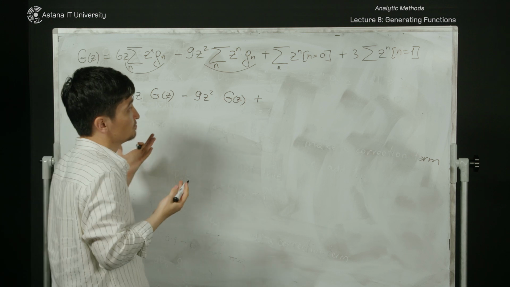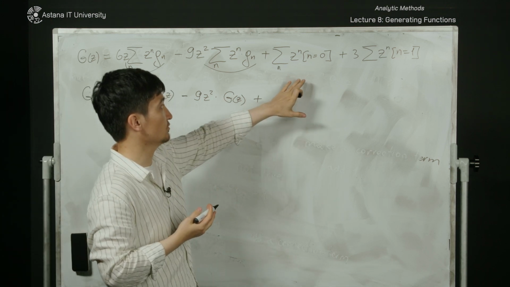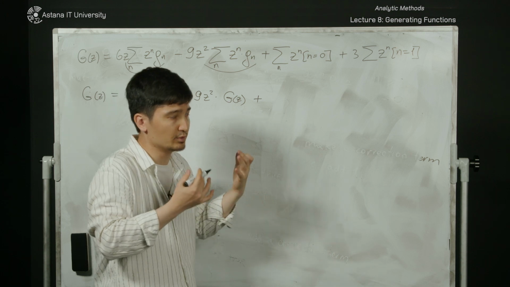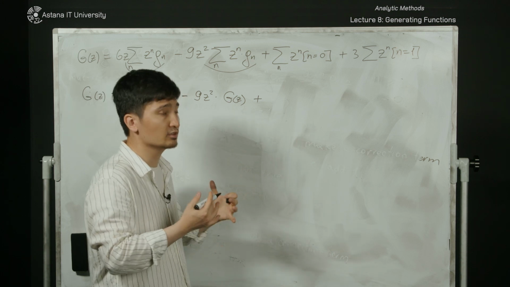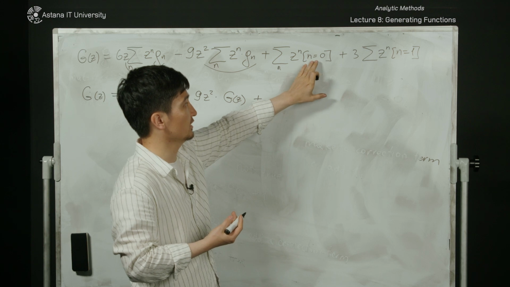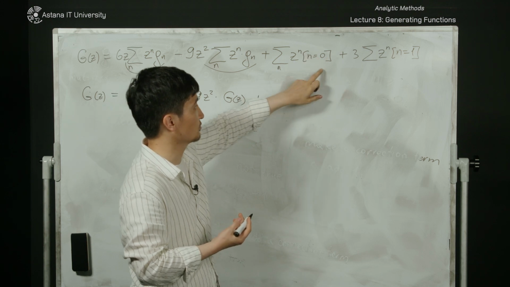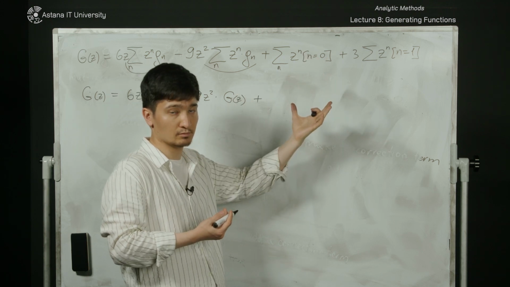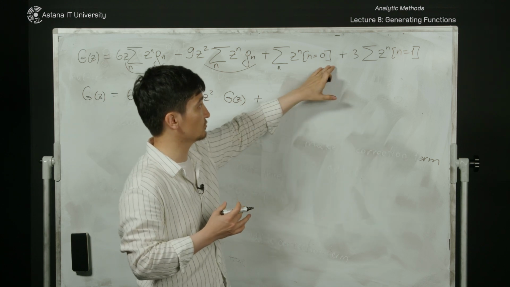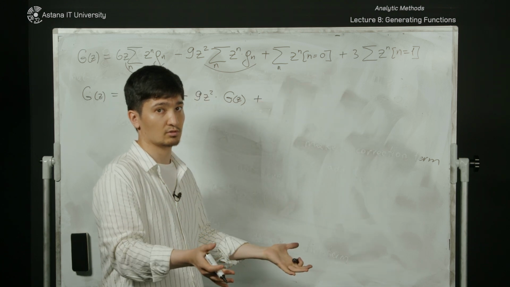So remember that this sum only is valid when n equals 0. What does it mean, only valid? It has value 1 only when n equals 0, because this is the condition. So when n equals 0, this function will be equal to 1, and when n is not equal to 0, the value of this function will be 0.